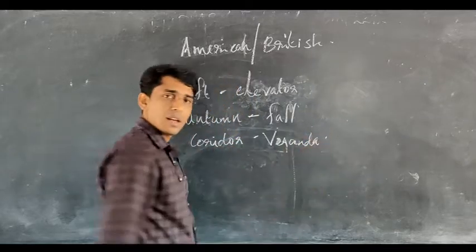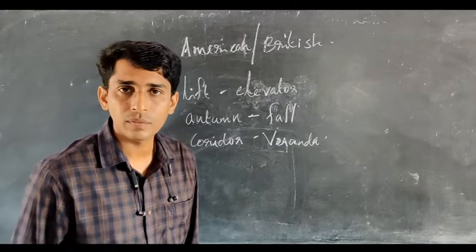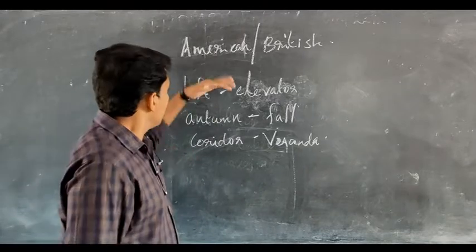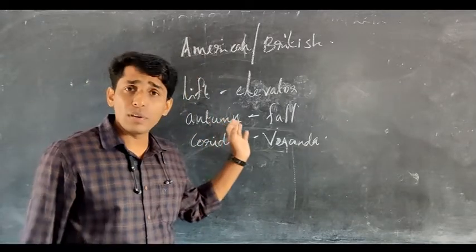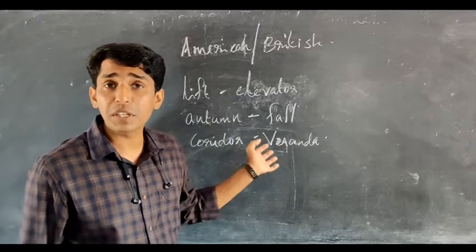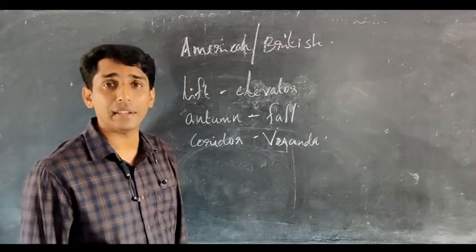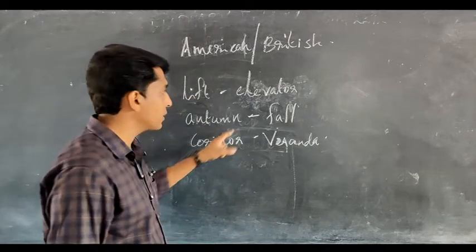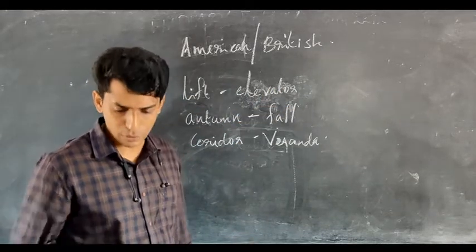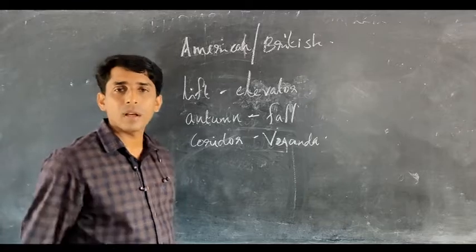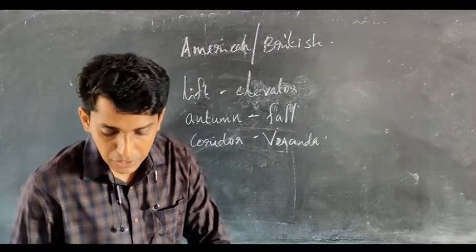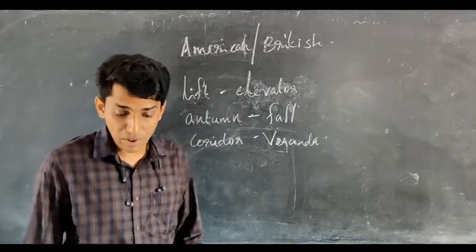V-E-R-A-N-D-A. What is veranda? That is American. Okay. So, many of the British English words have got a different word in American English. These are British English words, these are American English words. See, in your textbook, some British English words are given.